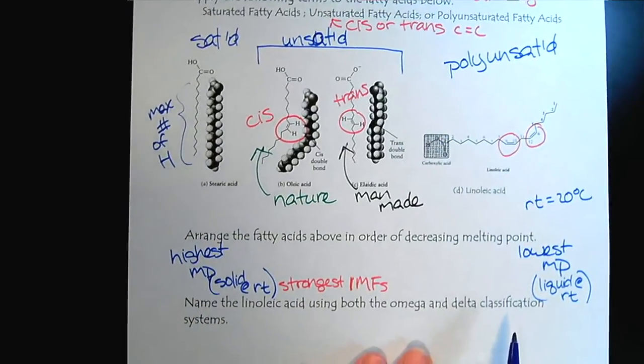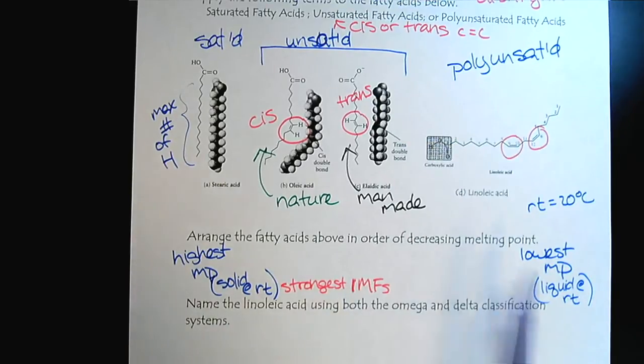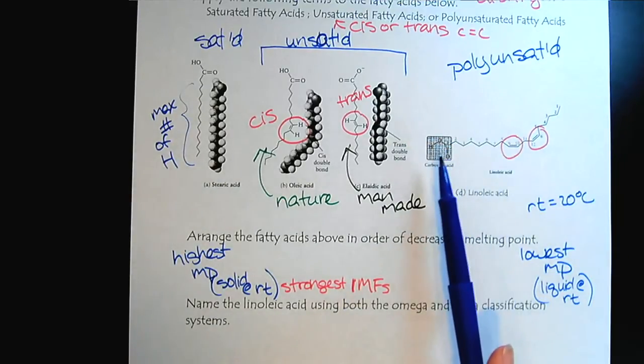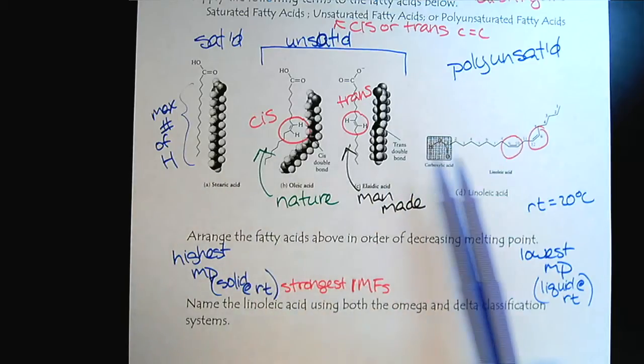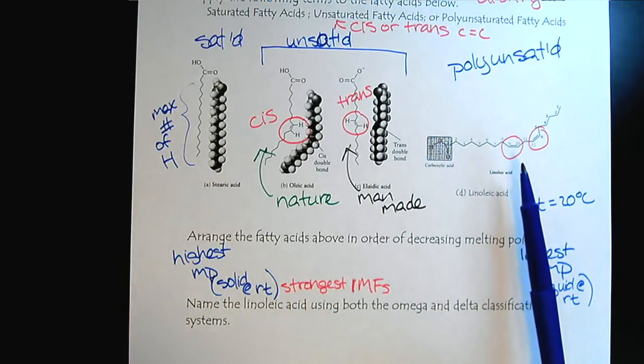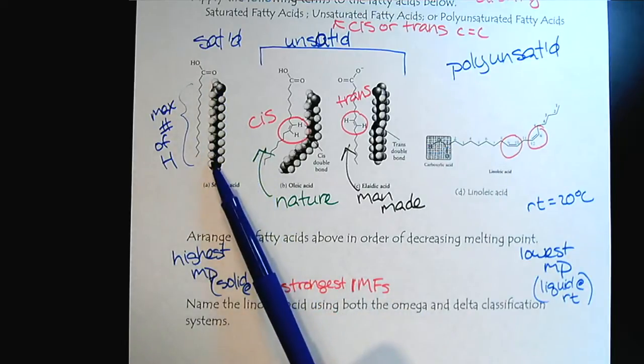Alrighty. So remember that it's all about, at this point, each of the molecules has one carboxylic acid group. So that's not going to be the difference. So the difference is going to come from the hydrocarbon tails. So if we look at the hydrocarbon tails, we see that the saturated makes a perfectly straight chain.